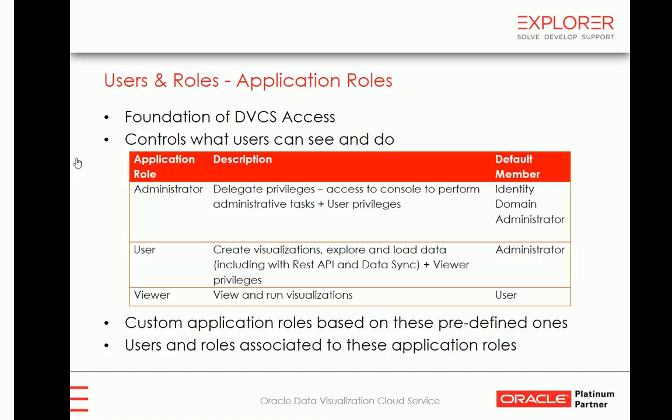And then administrators, or users with administrator application role, would inherit user privileges, but in addition they can delegate privileges, and they have access to the console to perform administrative tasks. And I've already mentioned that the Identity Domain Administrator role by default gets administrator level application role.